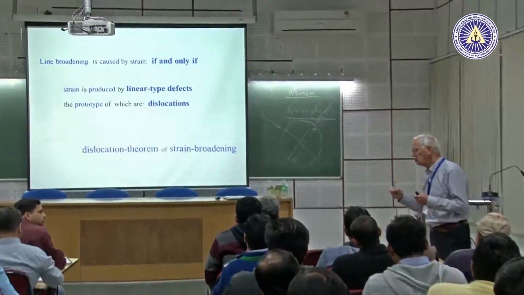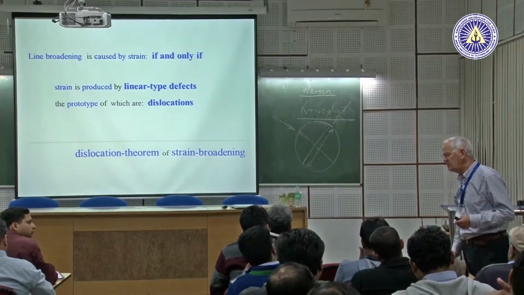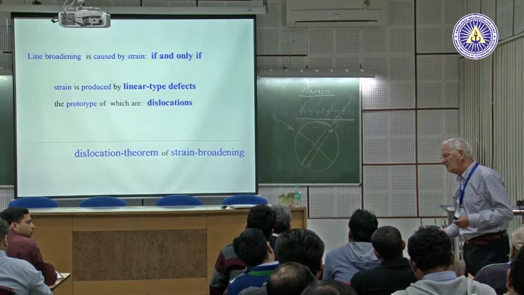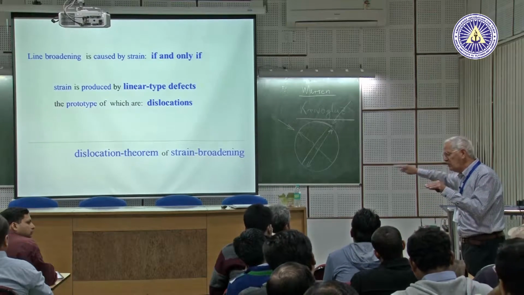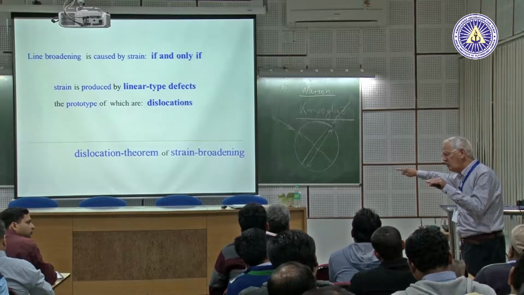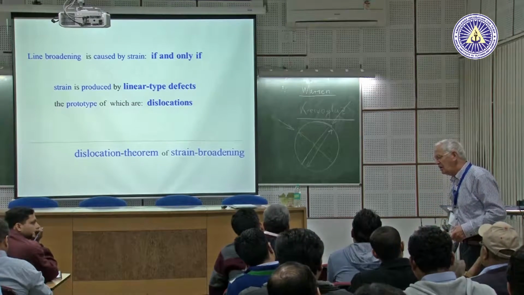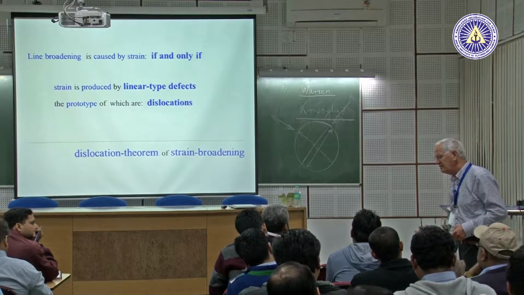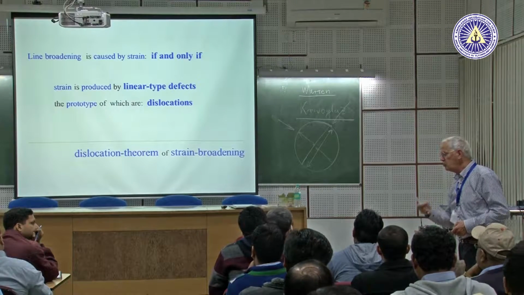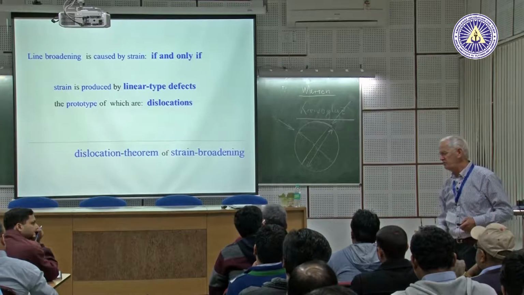It is not monotonously increasing as you go apart from the origin of reciprocal space, but it will stay the same for the higher order harmonics. The line broadening remains the same for planar defects. Okay, so that is the difference between true strain broadening and other line broadening causes.